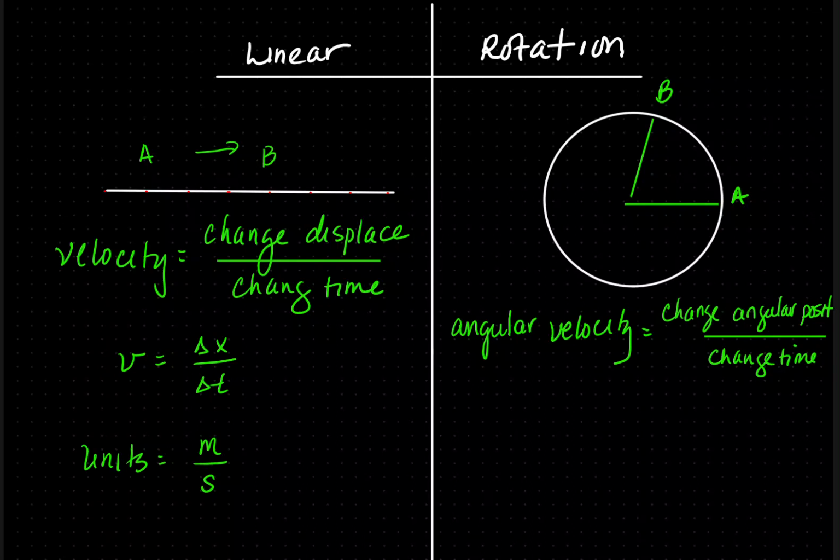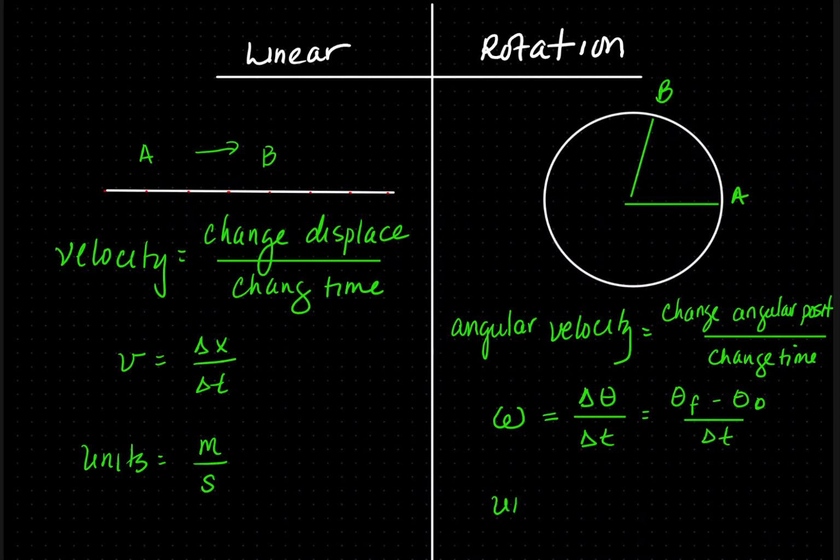Which can be rewritten as angular velocity, symbol is omega, small Greek letter omega, equal to change in position, we define as theta, so it's delta theta, over change in time, delta t. So this will be theta final minus theta initial over change in time.